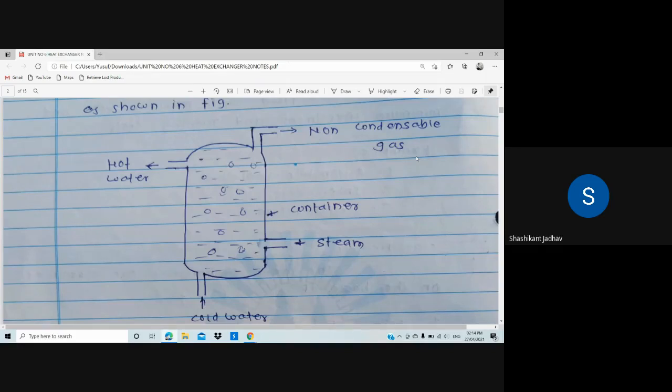Due to that increased temperature, the hot water is removed from the upper side, and for the non-condensable gases there is one opening.